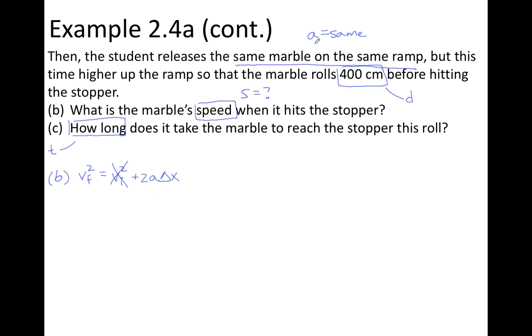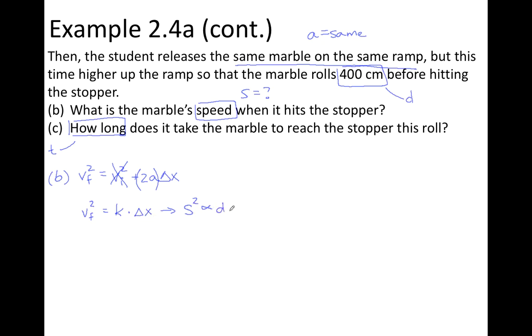And we should notice that since the acceleration is the same, this coefficient, 2a, is a constant number. And so the final velocity or final speed is going to equal a constant number, k, times delta x. And this is going to imply that we have a square relationship where it's the speed squared, velocity and speed are the same thing, that's proportional to the distance.